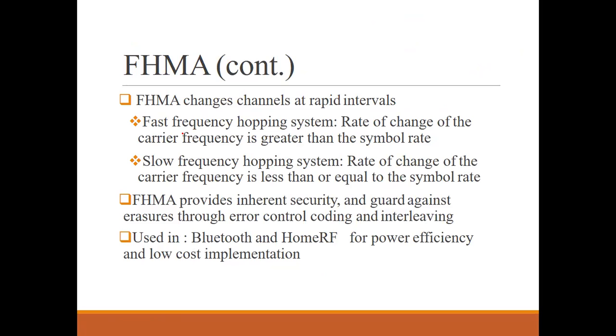Okay, so FHMA changes channels at rapid intervals, and we have already seen that. Based upon the change of the channels, it is divided into fast frequency hopping system and slow frequency hopping system. In a fast frequency hopping system, the rate of change of carrier frequency is greater than the symbol rate, and in a slow frequency hopping system, the rate of change of carrier frequency is less than or equal to the symbol rate.